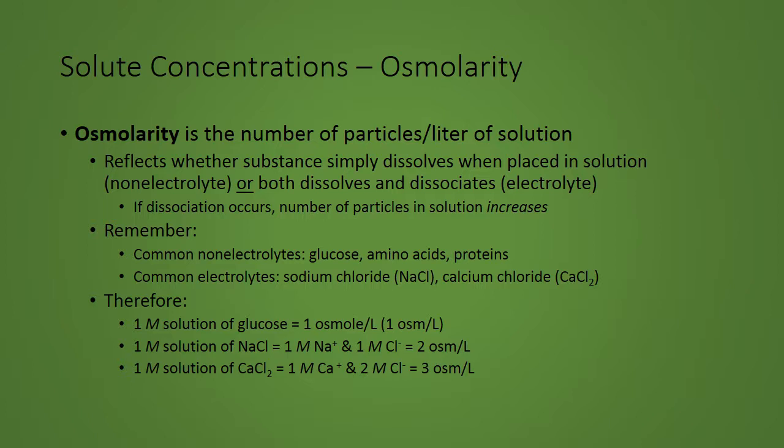Remember, in a previous module, we talked about how electrolytes are formed because the compound not only dissolves in water, but it also dissociates into its constituent ions. So realize that if dissociation occurs, the number of particles in solution that can undergo reaction actually increases.